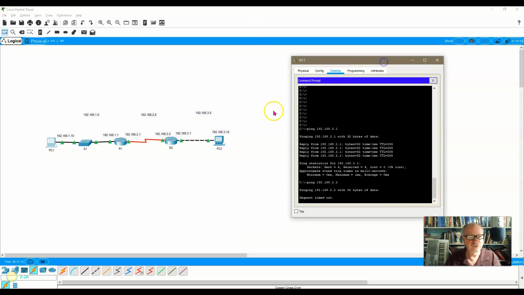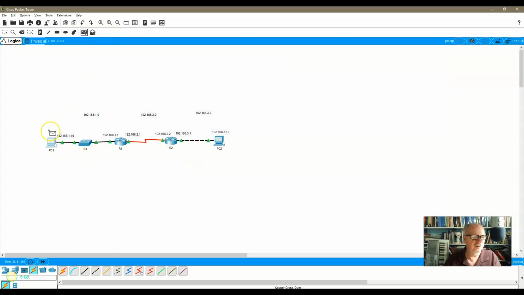Now, the question would be, why would this not be successful? After all, if this packet destined for 2.2 came to here, and then came to here, well, this router knows about 2, right? So wouldn't it have sent it to here? Yes, it would have. And so this router now has the packet. So it did reach the router.